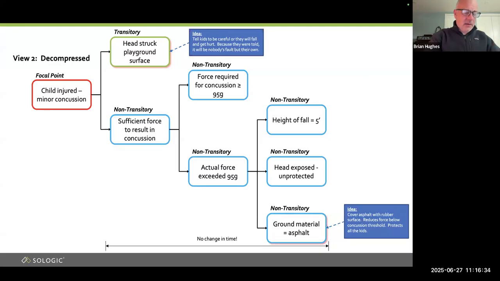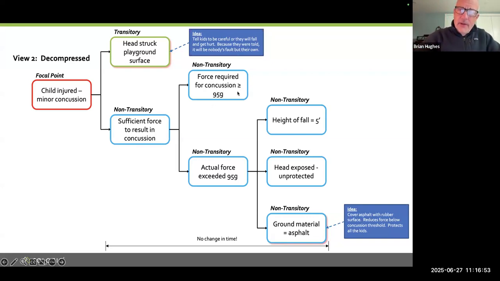I'm asking my buddy. You know who I'm asking. Oh, 60 to 100 G of linear acceleration. There it is. So I'm going to go with the 95.